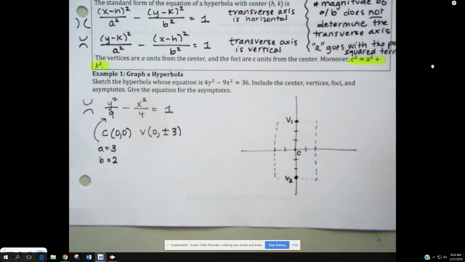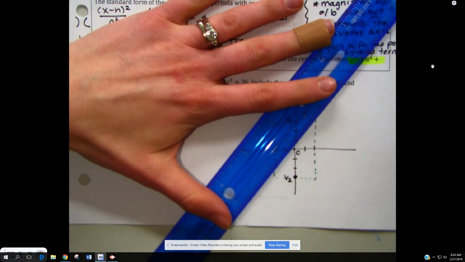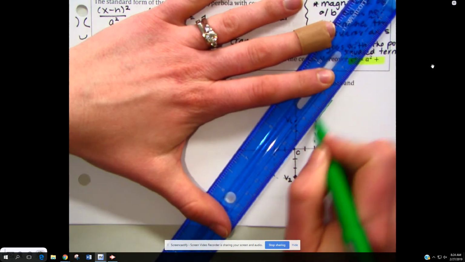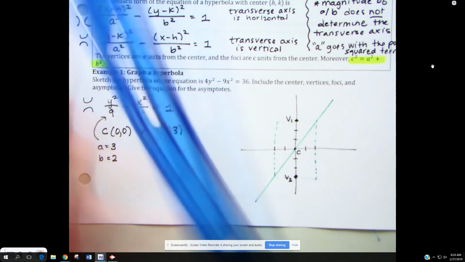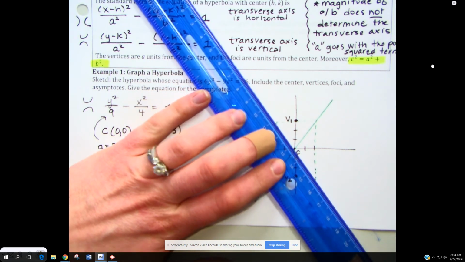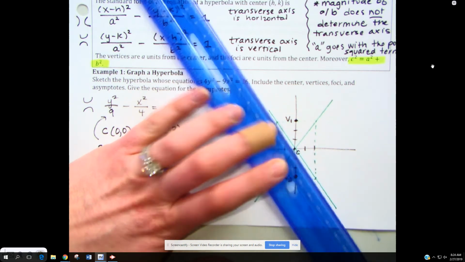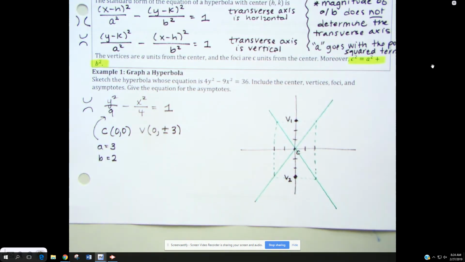And then you don't need a ruler, but I'll use one here to make my notes look really nice. I'm going to draw the diagonals of that rectangle. These are going to set me up so that I have a nice idea of how open my hyperbola is. Okay, so these are my asymptotes.